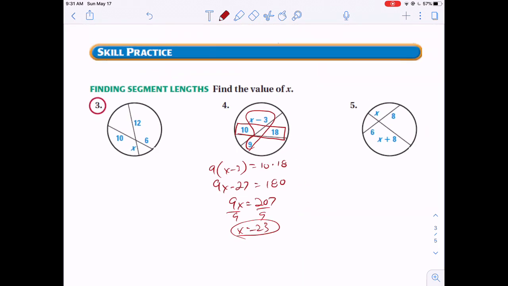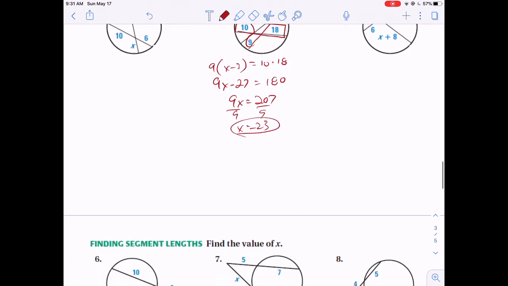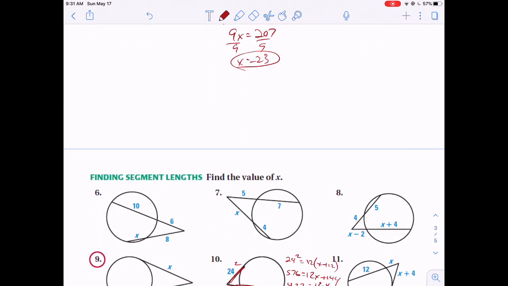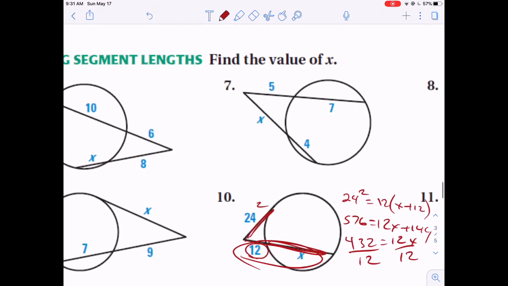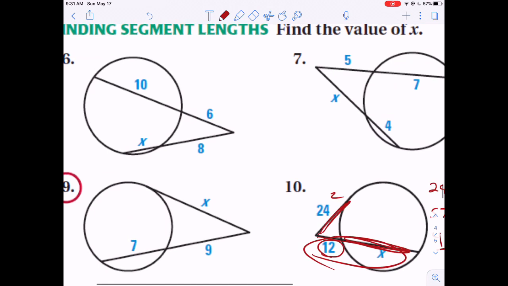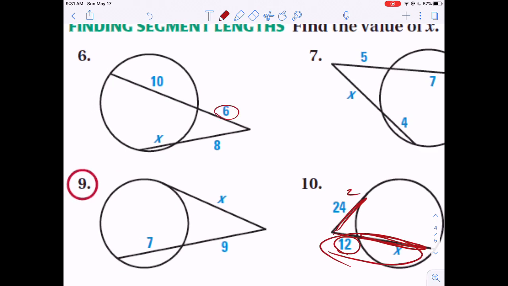Okay. Let me find you one with the two secants. I'll try number 6, I guess. Again, for the two secants on number 6, it's the outside times the sum, and the outside equal to the outside times the sum.